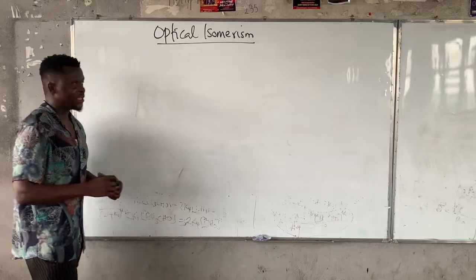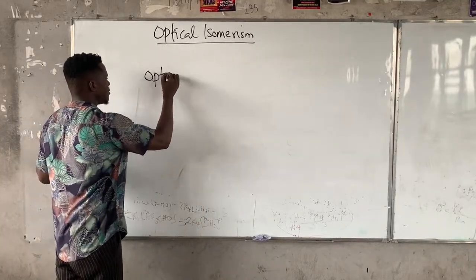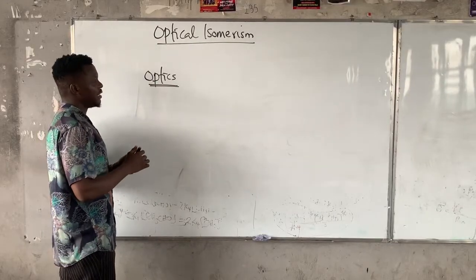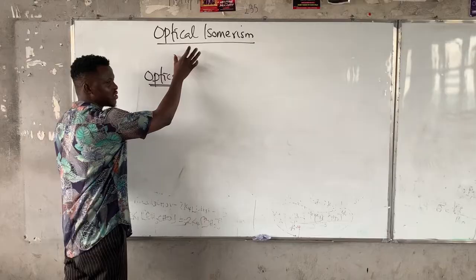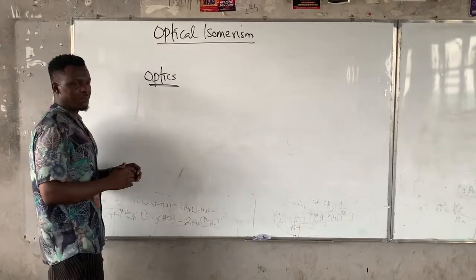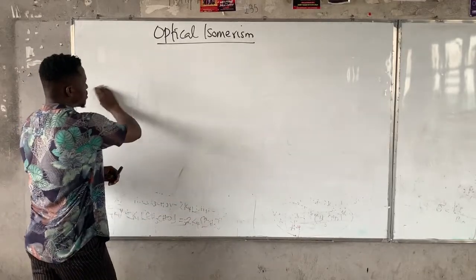Now, as the name implies, optical is obtained from the word optics, and in physics, optics means light. So apparently, any compound that exhibits optical isomerism must actually be able to rotate plane polarized light. But that's not basically what we want to be looking at.